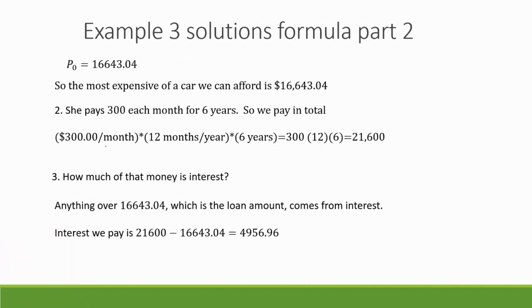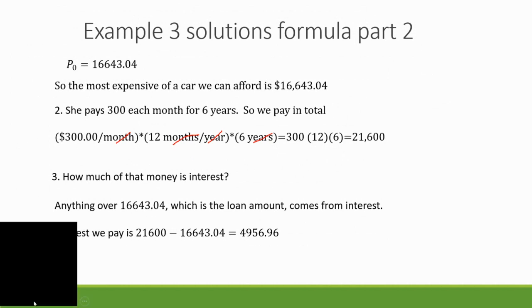This is going on for 6 years. So $300 a month, and there are 12 months per year, and this is for 6 years. So what do we do? Multiply. We get 300 times 12 times 6, which is $21,600.